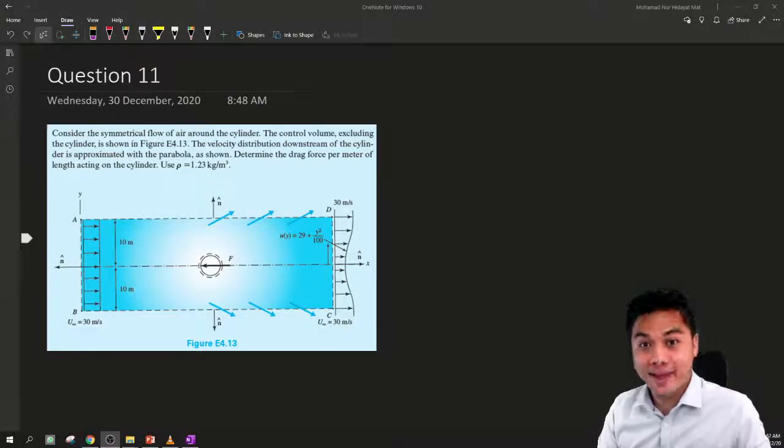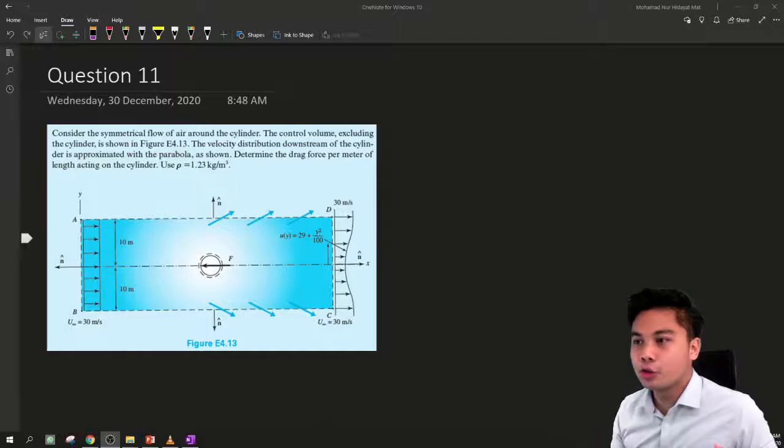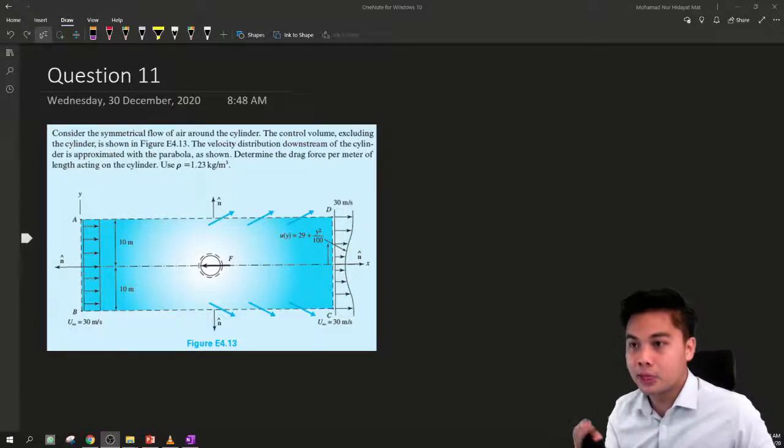Hi, welcome back. Today we have a question which is: consider the symmetrical flow of air around the cylinder. As you can see there, the control volume excluding the cylinder is shown in the figure below.